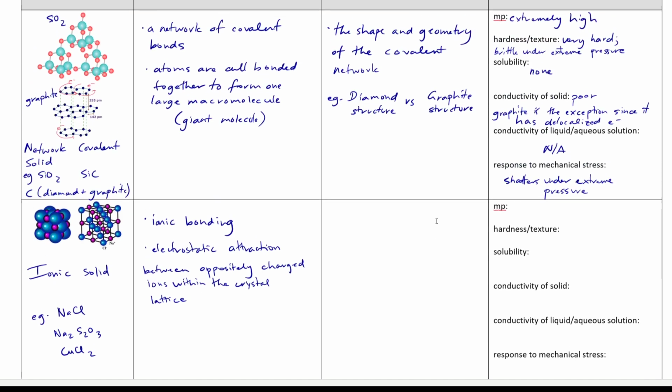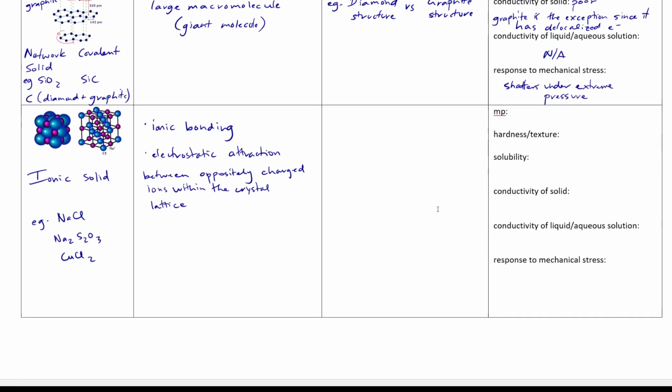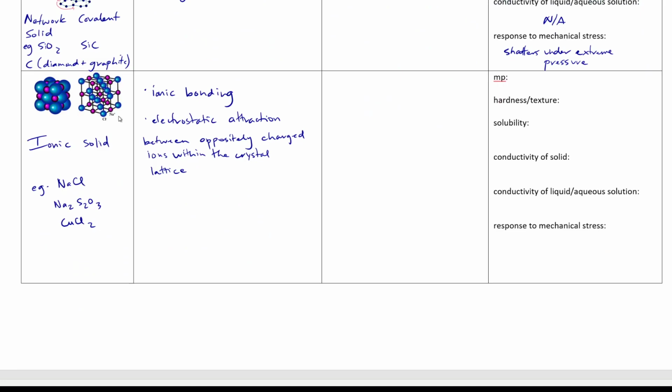So what this means, electrostatic attraction, that means opposite charges attract. The opposite charges are attracted, and that creates a regular pattern, which is the definition of a lattice, a regular pattern of positives and negatives in a crystal format. So if we look at what are the factors that increase the strength of ionic bonds, so what factors would make some ionic crystals stronger than others?